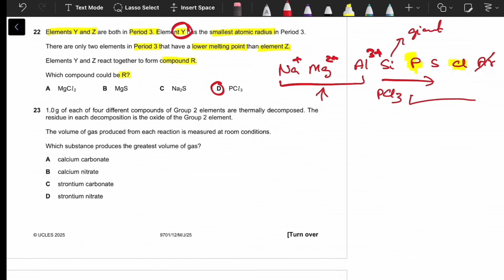And then from phosphorus to sulfur to chlorine, these are all simple molecular, small molecules held together by van der Waals forces. The number of electrons and the size of the molecule decrease as you go across, and so the van der Waals forces get weaker, and so does the melting point.